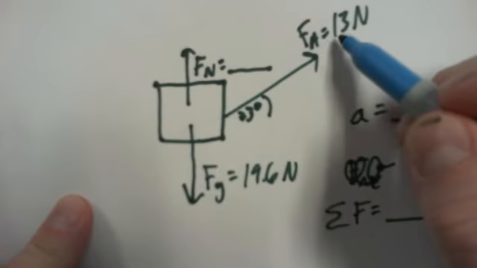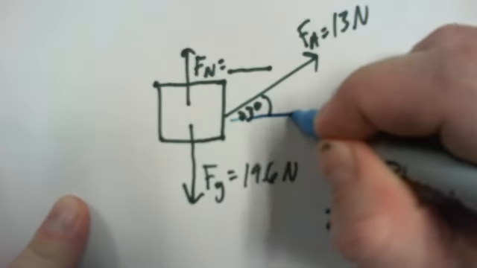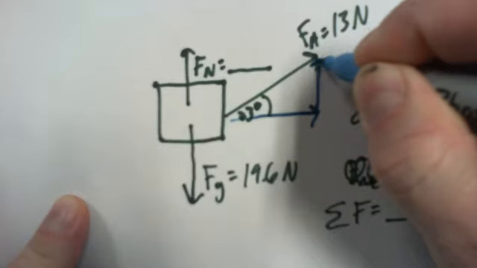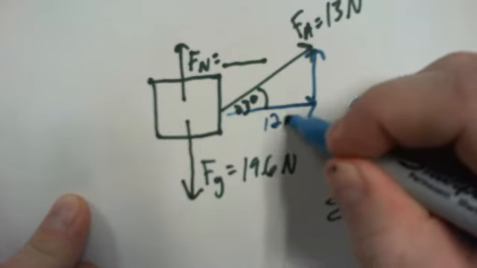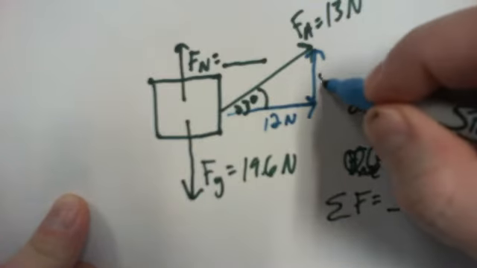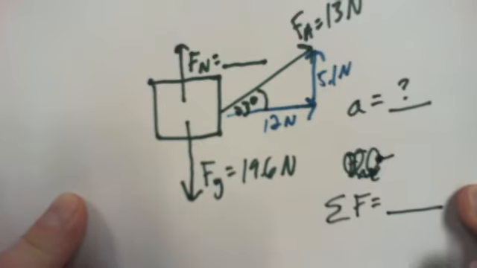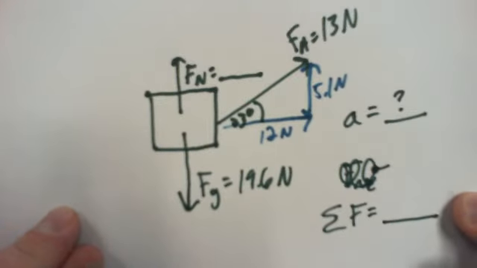Now, in the earlier problems, you already figured out what the x and y components of Fa, your applied force, are. It was 12 newtons, and this was 5.1 newtons. We did that on the earlier part of the page, the first one on number 2.